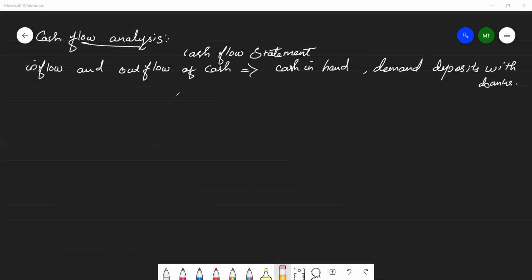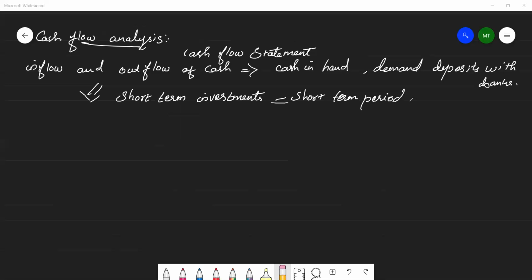Cash equivalents denote short-term investments which can be realized easily within a short period without much loss in value.